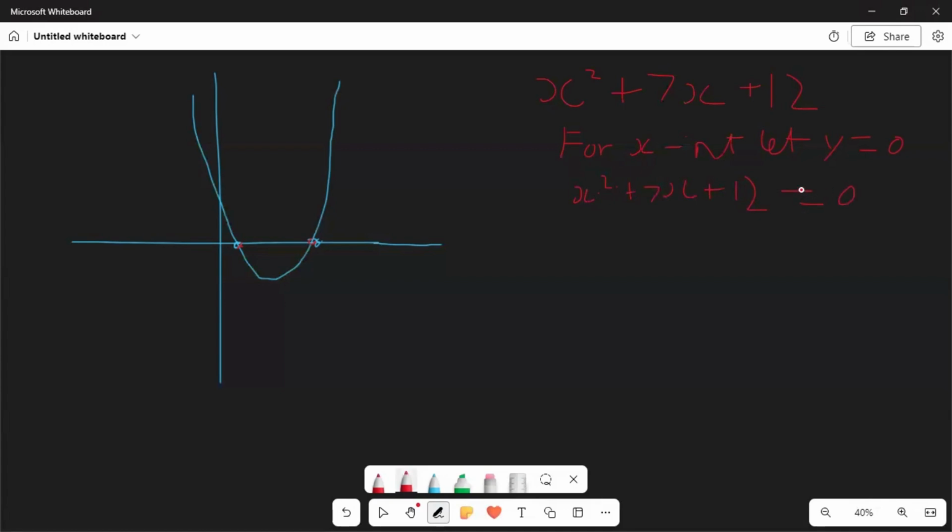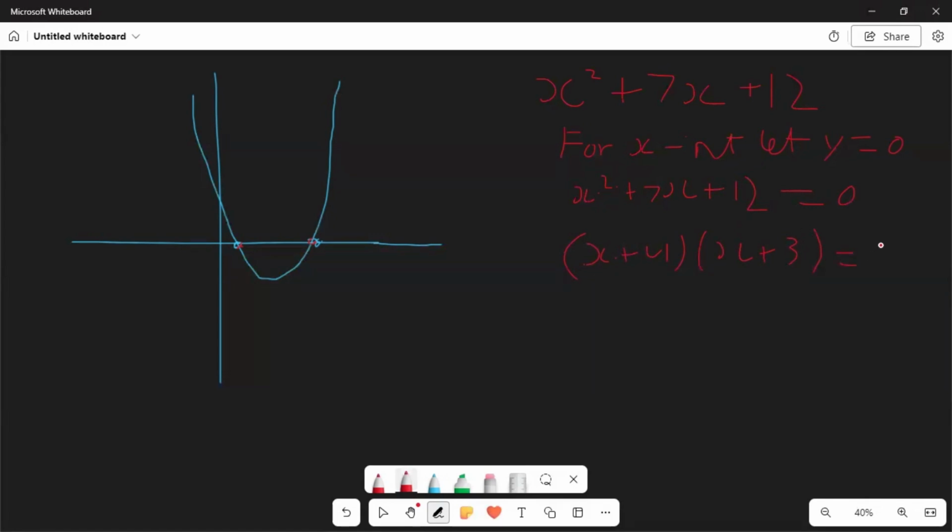Now from this point, there's two ways we can do it. Either we can factorize or we can use the quadratic formula. In this video, we'll look at both, but we'll start with the factorizing method. We can factorize the left-hand side, and factorizing this, we get (x plus 4)(x plus 3).